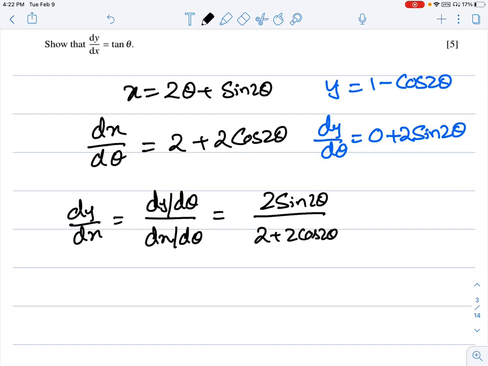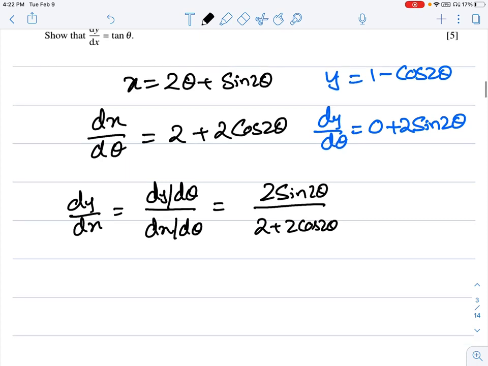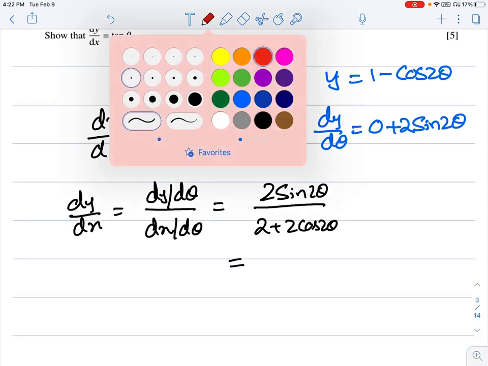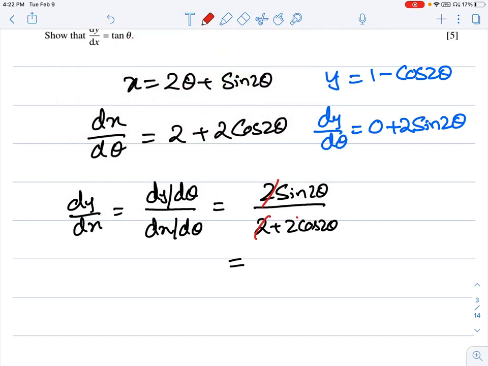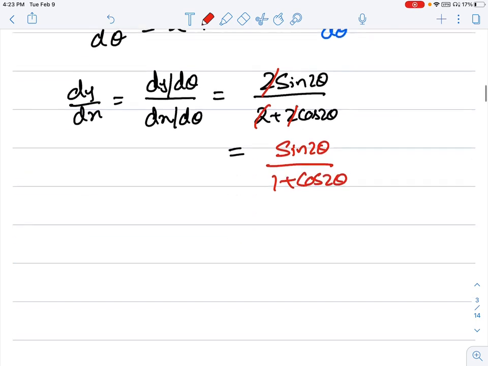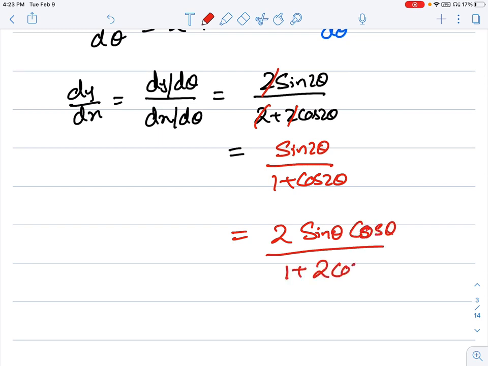Then I try to simplify that. What he is asking is to get it in the form of tan theta. So I can cancel the 2, and I'm left with sine 2 theta upon 1 plus cos 2 theta. Sine 2 theta formula is 2 sine theta cos theta, and 1 plus cos 2 theta is 2 cos square theta. Those are the formulas.